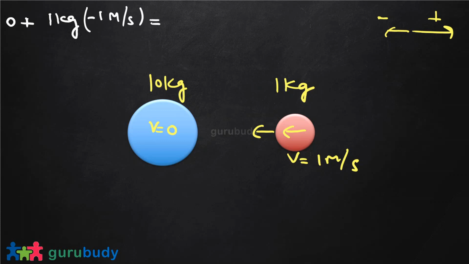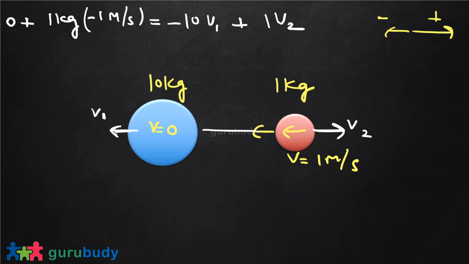Let's say after the collision, this object moves with some velocity v1, and this one moves with some velocity v2. So after the collision, this would be minus 10 kg times v1, and this would be 1 times v2, since v2 is in the positive direction.